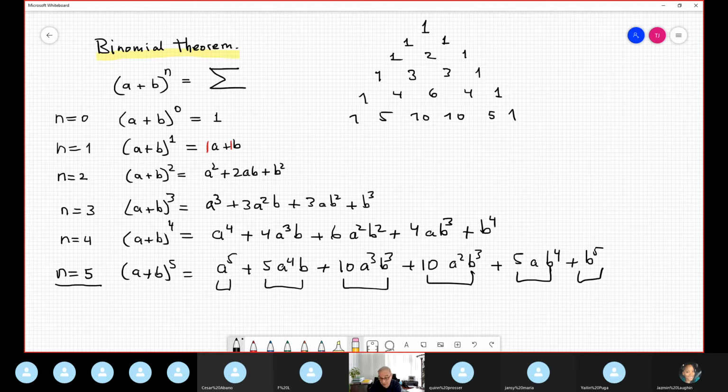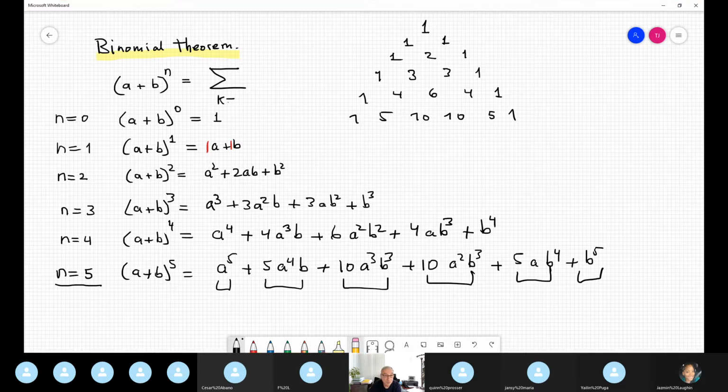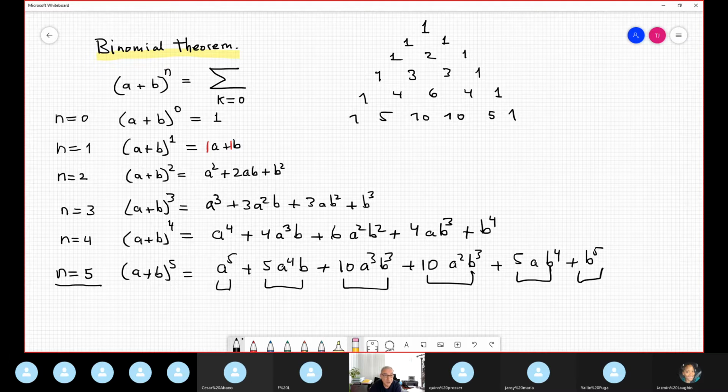Start, for example, this is totally a dummy index. K equals 0, I assume K equals 0 is the first guy. So in between 0 and n, actually we have n plus 1 terms. Okay, suppose this is K0, this is K1, 2, 3, 4, and 5.